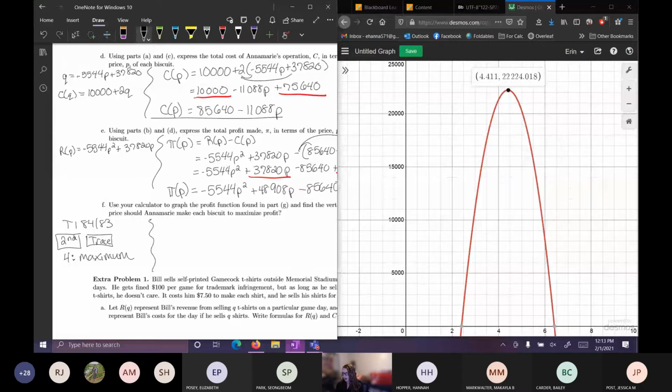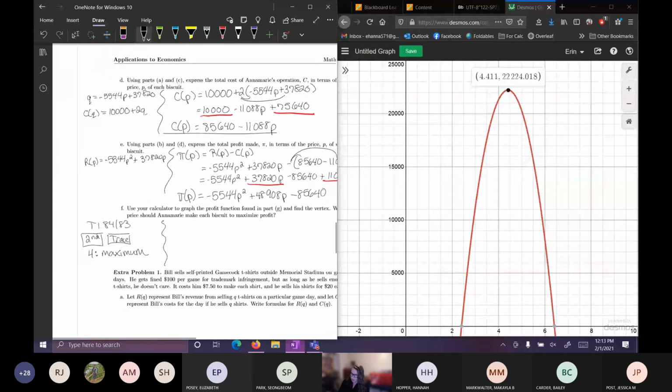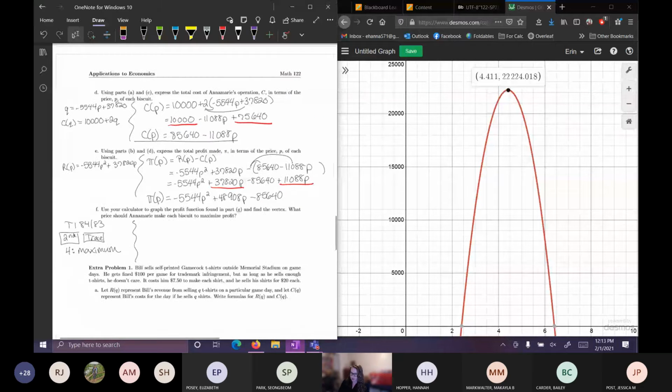So you would still have to somehow zoom out to be able to get that vertex in the picture. Then it asks you to pick a point to the left of the maximum, to the right of the maximum, and then guess. And then it'll tell you which one it is. If you want more information on that, I can give you more information, like some pictures and stuff, so it makes more sense. But honestly, Desmos is a pretty solid choice there.